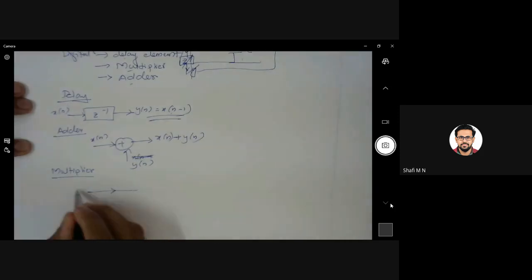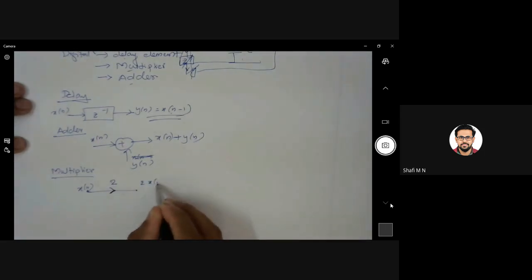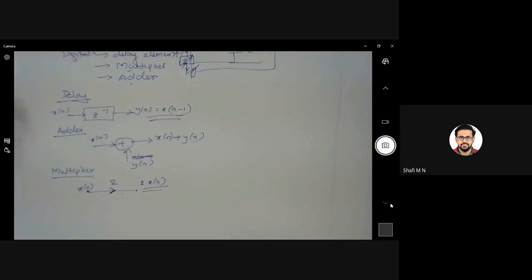See, this is the input where you are feeding, say x of n. We will represent it using arrows like this. Multiplier will be simply represented using arrows. Say here I am giving a coefficient of 2. Then the signal at this point will be 2 into x of n. So you need these three to realize a digital filter: delay element, adder, and multiplier. Is that clear?